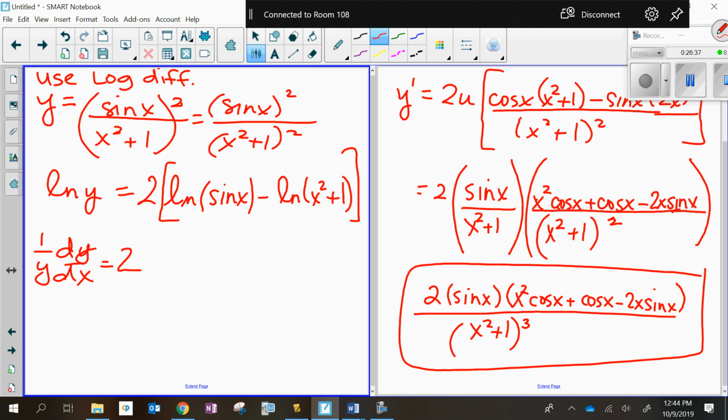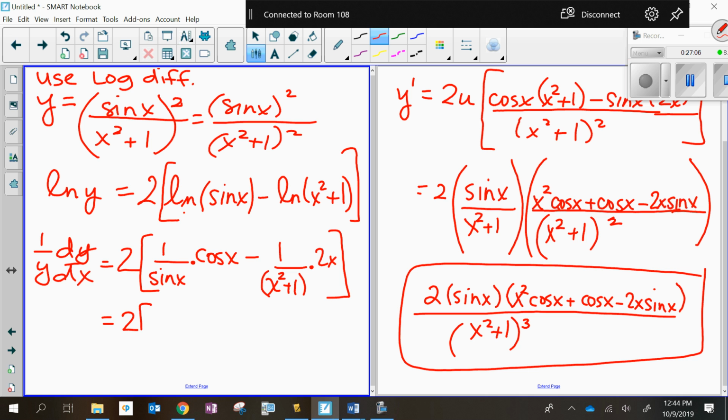Now I am differentiating. Okay. All right, so this is 1 over sine times cosine, because of the derivative of that. And then 1 over x squared plus 1 times 2x. So 2 cosine over sine.